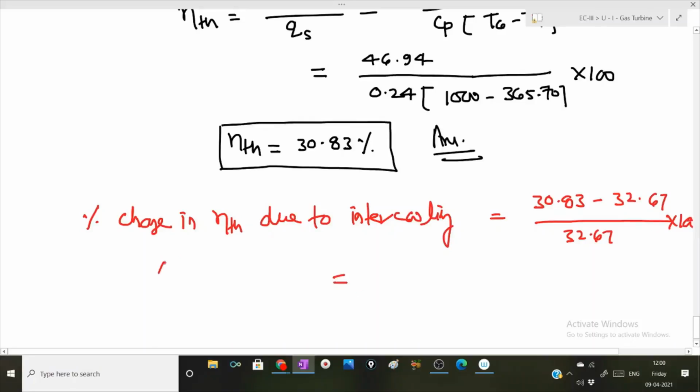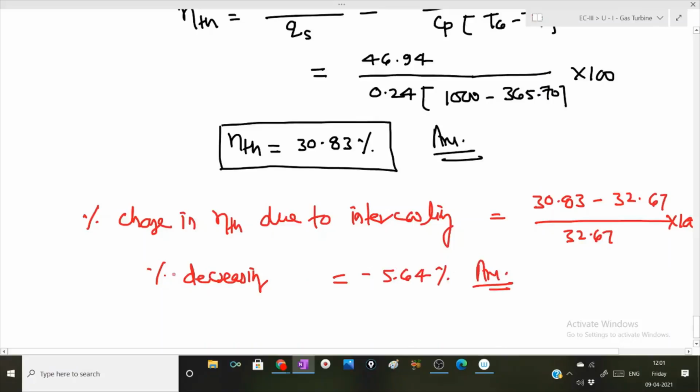So it is actually percentage decreasing. And please tell me how much this will be. Minus 5.6764%.